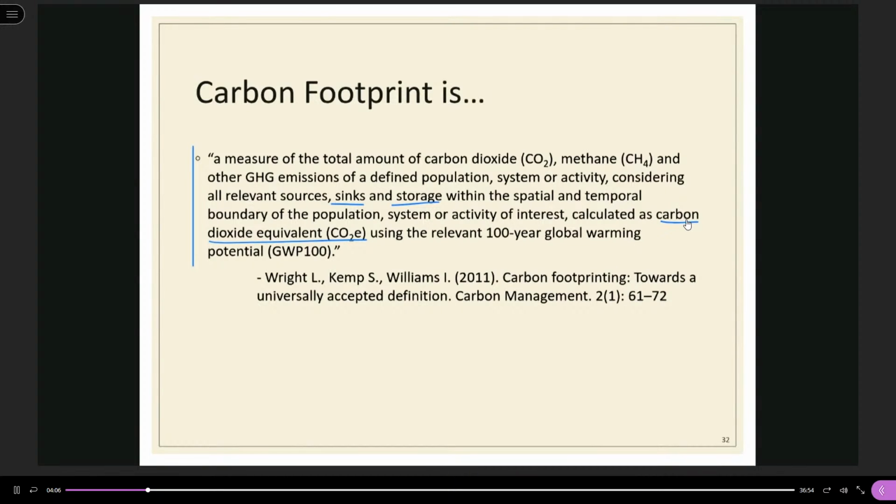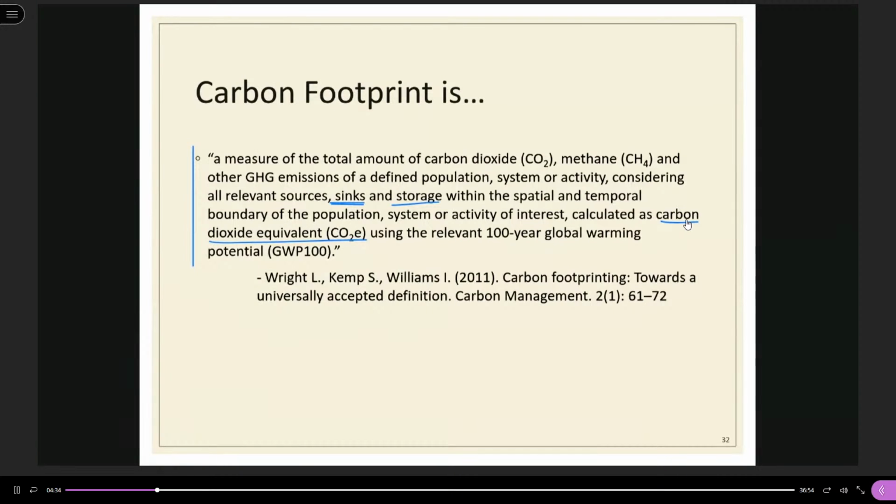And according to this definition, we also consider the sink of greenhouse gases. So maybe you produce carbon dioxide, and at the same time you plant some trees, so the trees are a sink for carbon dioxide. They convert carbon dioxide into oxygen.